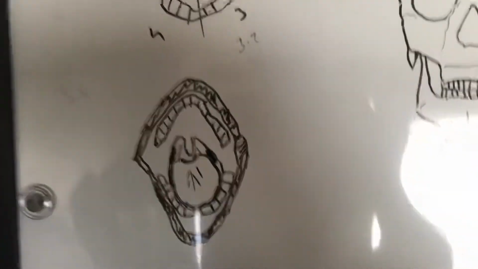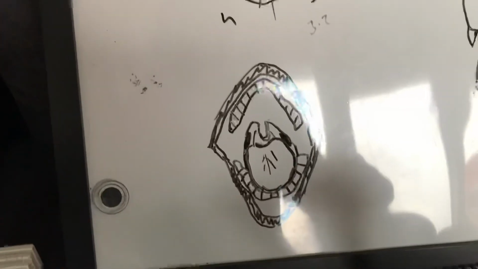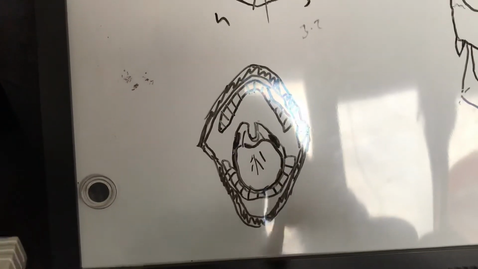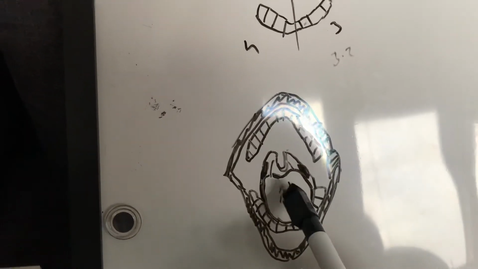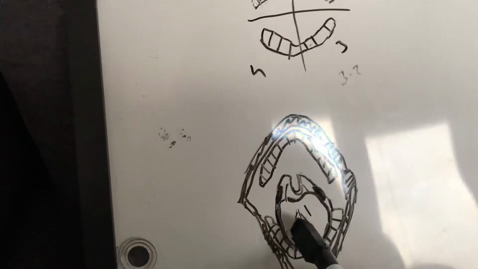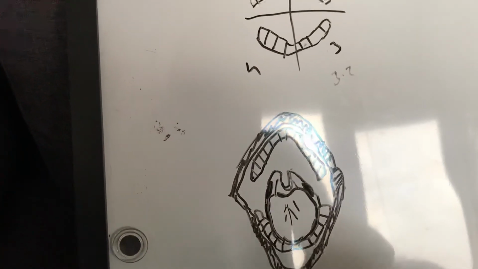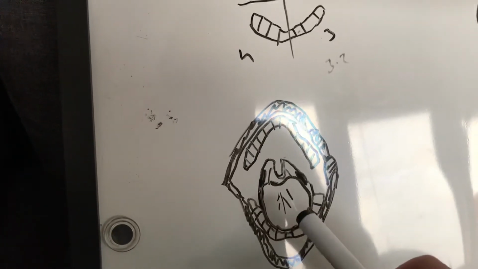So we start with inspecting the mouth, and we look at how the tongue looks, and we can use a tongue blade to make it easier to apply some pressure on the tongue, and this way we have a better view of the posterior wall of the oropharynx.